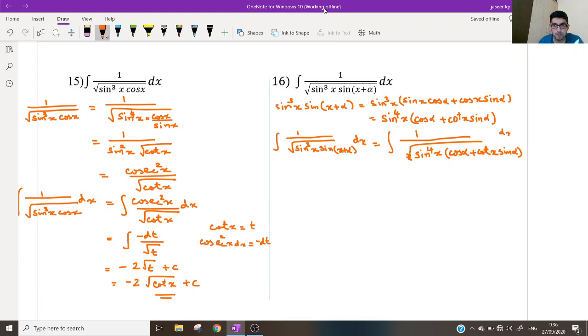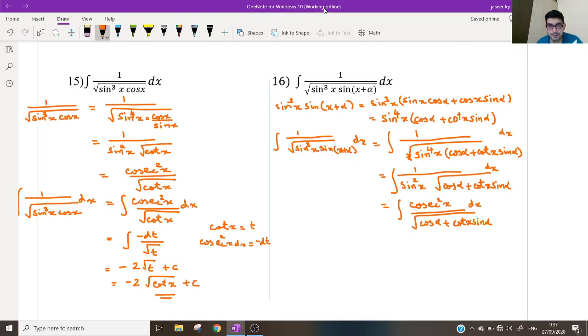Similar to the previous problem, this will become 1 by sine square x under root cos alpha plus cot x sine alpha. So again 1 by sine square x is cosecant square x, under root cos alpha plus cot x sine alpha dx.